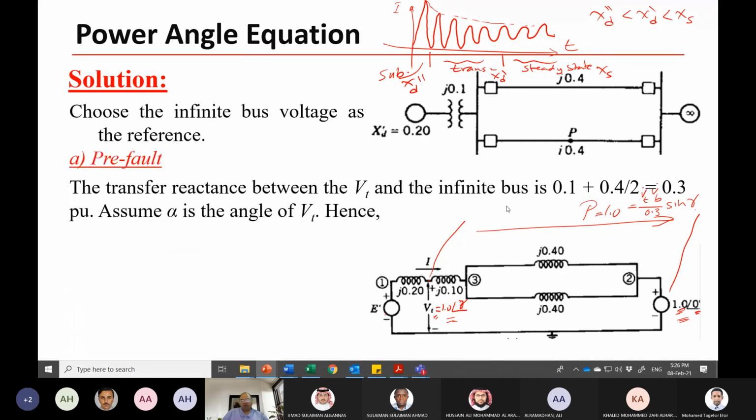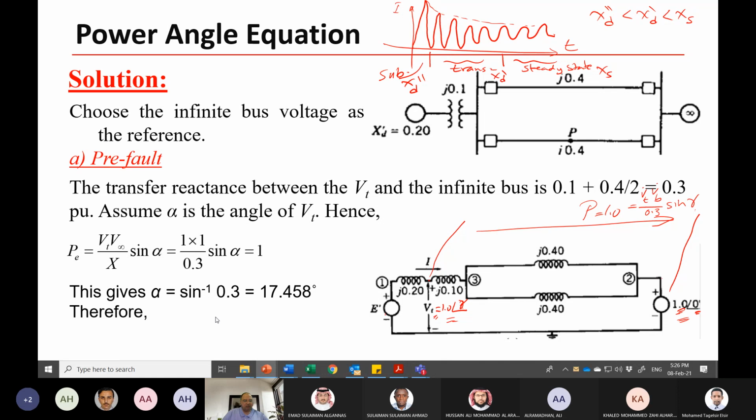In the pre-fault steady state condition, the reactance between the terminal voltage and the infinite bus is 0.3. So we can write the equation P equal to the voltage here times the voltage here over the transfer reactance, sine alpha. So we can get alpha, the angle of the terminal voltage with respect to the infinite bus.